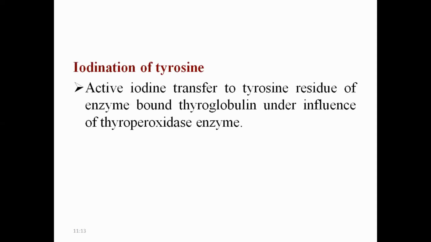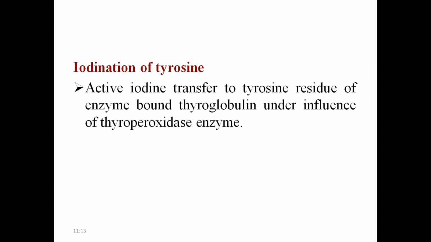So, iodination of tyrosine. After the oxidation of iodine, the iodide is converted to active iodine, and this active iodine is transferred to the tyrosine residues, which are generally present on the thyroglobulin protein.